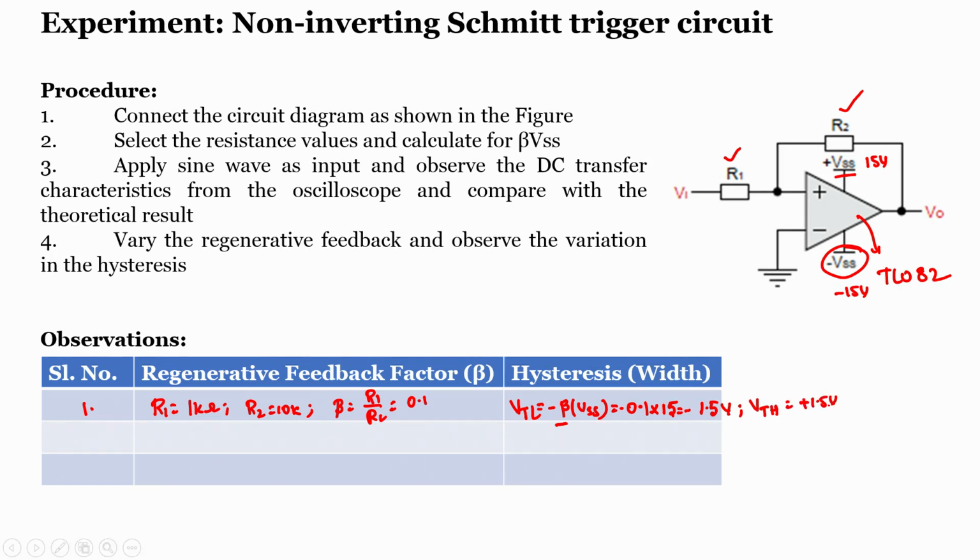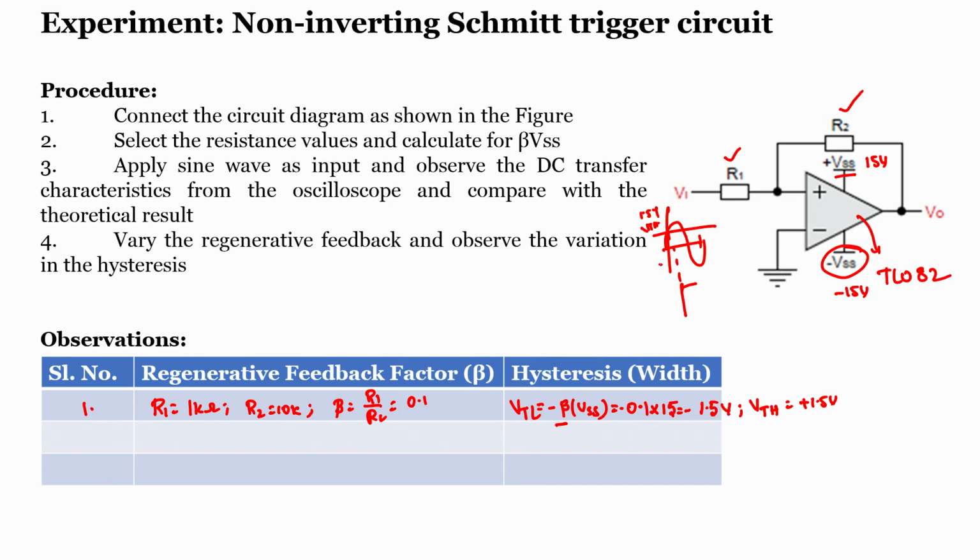If you recall the output characteristics of a non-inverting amplifier, when the input voltage that we are applying is greater than this VTH, in this case 1.5 volts, then we will get high. Then again, till what time will it be high?